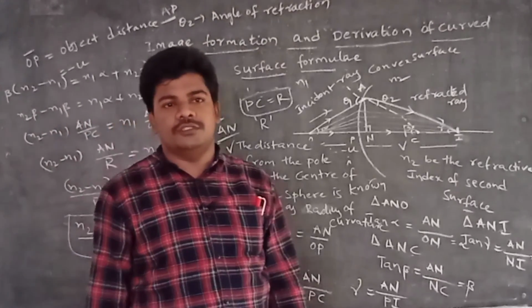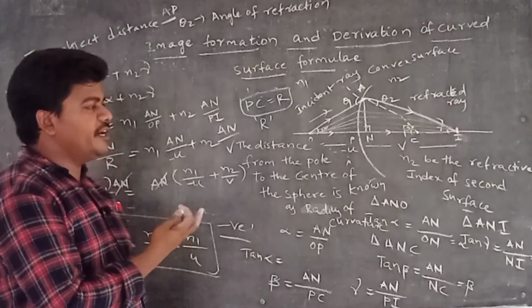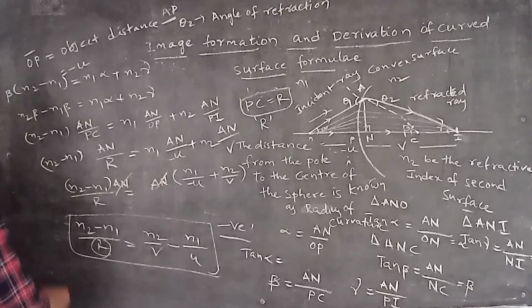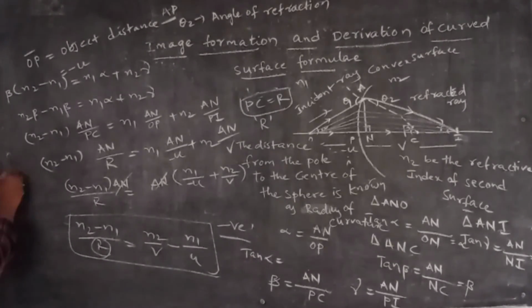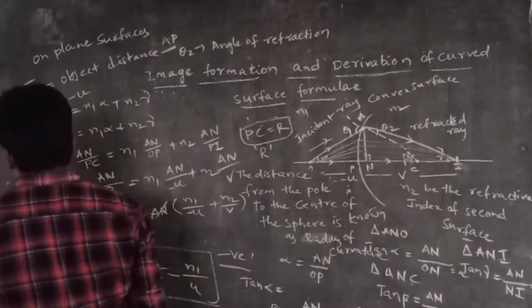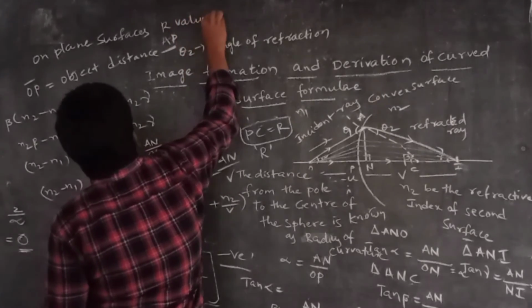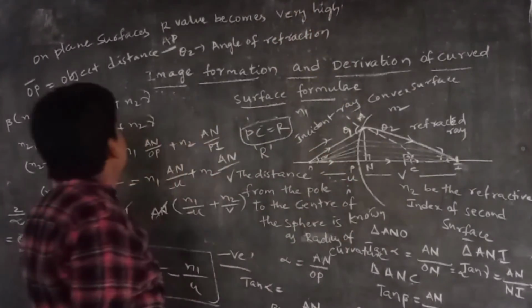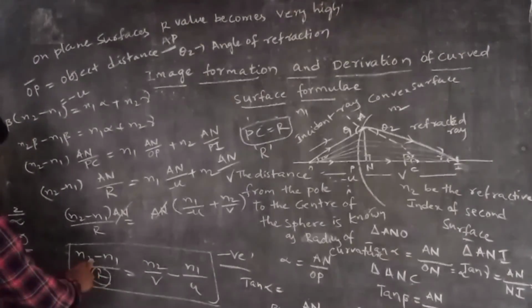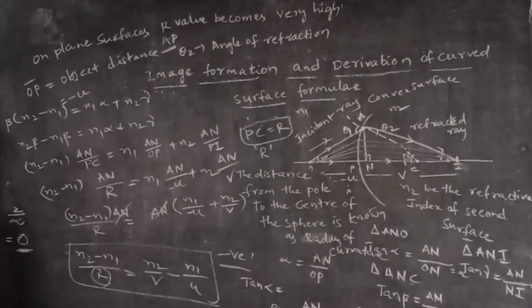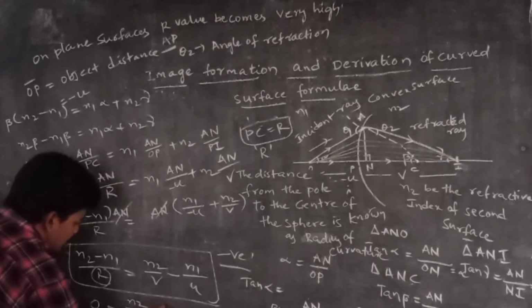I hope you all understood. For refraction of light at plane surfaces, the R value becomes very high, approaching infinity. Then (n2 minus n1) by R becomes approximately 0. So the total term becomes 0, which is equal to n2 by v minus n1 by u.